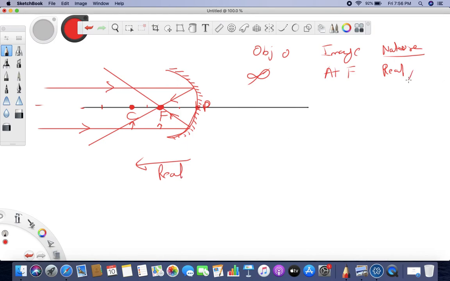Real, inverted and highly diminished. Diminished means very small basically. Highly diminished means very small. So the first case we learn is, if you put an object at infinity, you get your image at F.